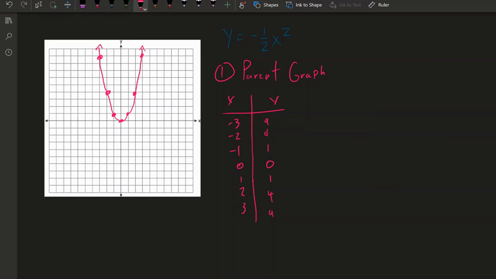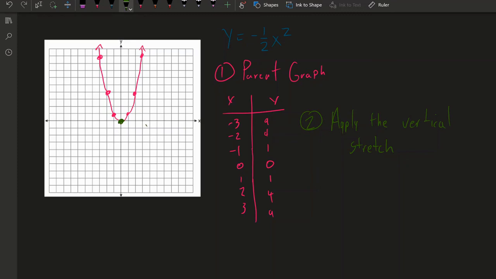Okay, and then just like last time, step 2, I'm going to apply the vertical stretch. And we do that by multiplying it by the vertical component. So again, this first dot right here at the vertex, that's 0, 0, and 0 times -1/2 is 0.